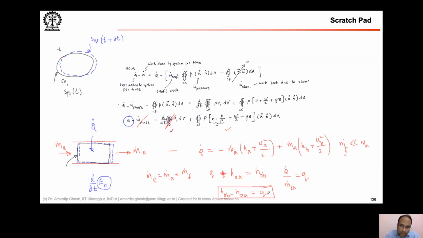And this Q dot is heat per unit time; when you divide it by mass per unit time, then Q becomes heat per mass. Okay, so we'll end our discussion at this point, and we will continue with it in the next lecture.